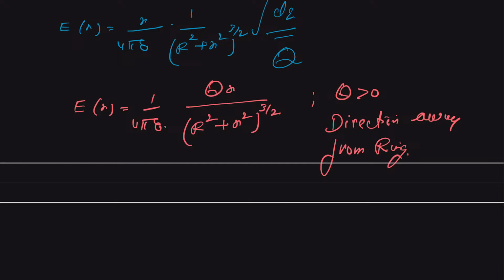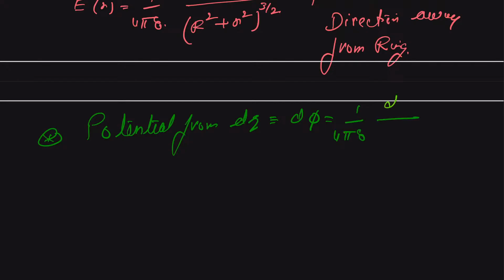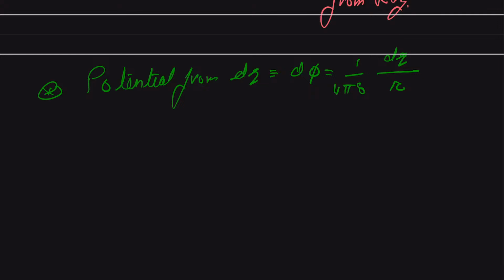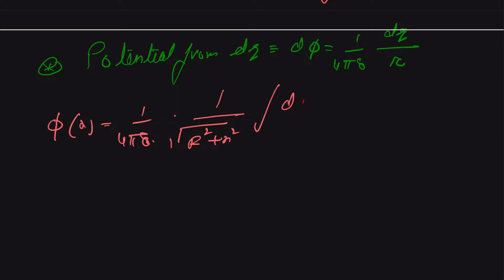Now we are going to find out the electric potential. You can see the potential from a small charge dq, let us call this d phi, is equal to 1 upon 4 pi epsilon naught, charge dq, divided by the distance r. Since the point is equidistant from the entire ring, the potential at a distance x will be equal to 1 upon 4 pi epsilon naught, and the distance is the square root of r square plus x square, and once again the integral of dq.